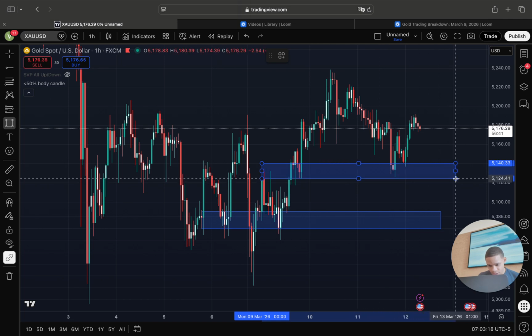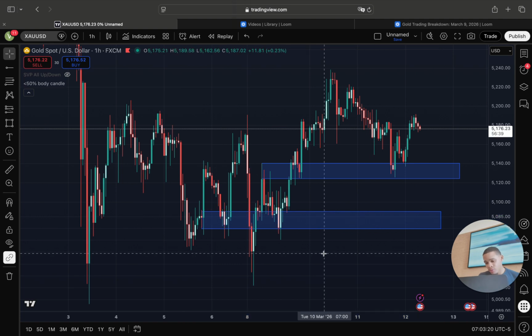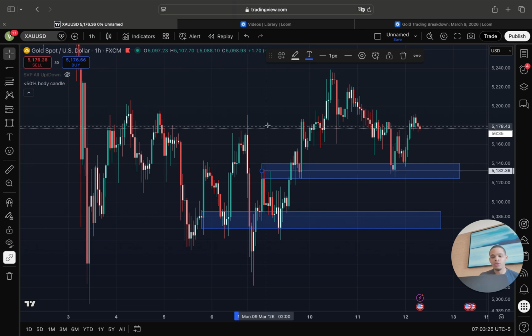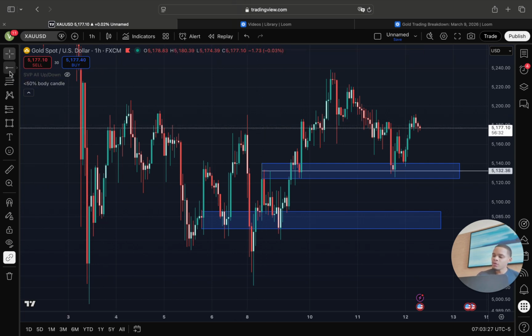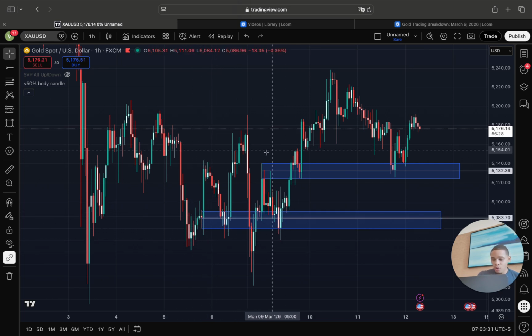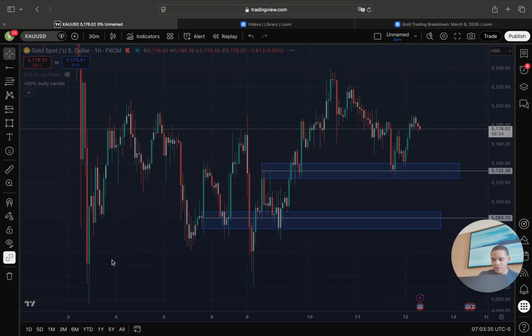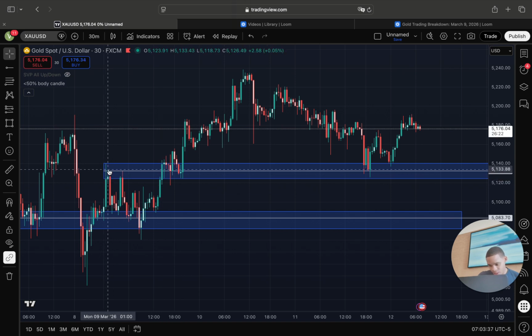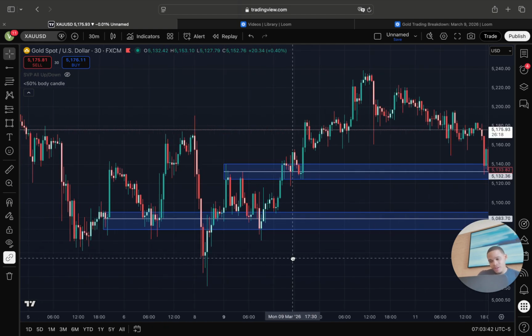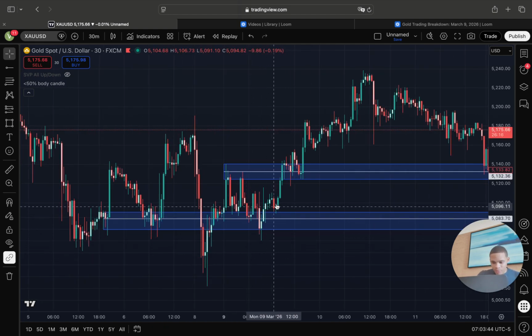And with this strategy, you can either draw your area of supply and demand on an indecision candle, as we can see here, or on a wick. And if we go lower in time frame on the 30 minutes, we can see that we have an indecision resting here as well.